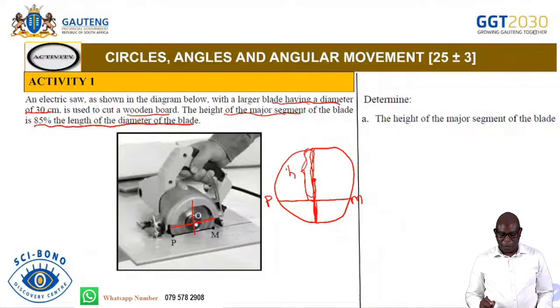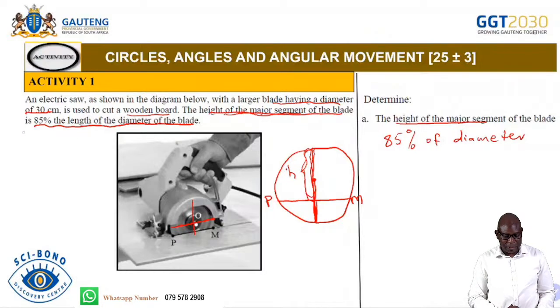Okay. So in other words, what would be the height of the major segment? It will be 85% of the diameter. That's what we are told. We are told that the height of the major segment is 85% the length of the diameter.